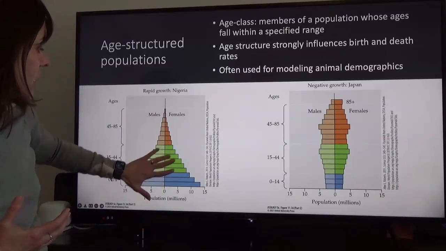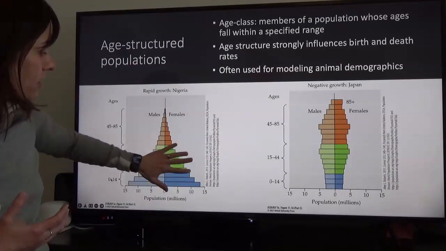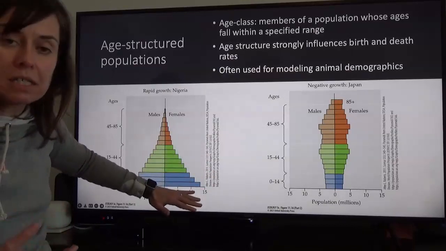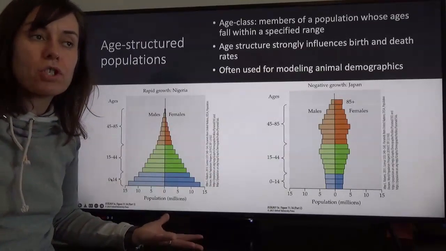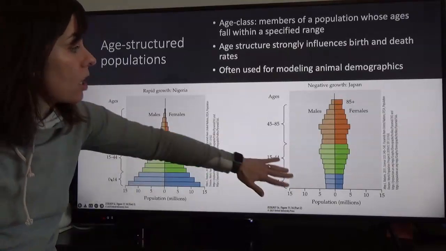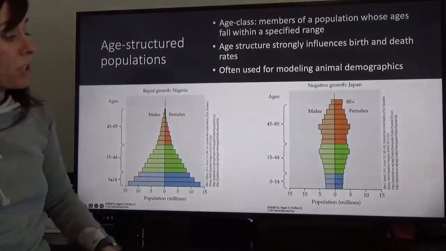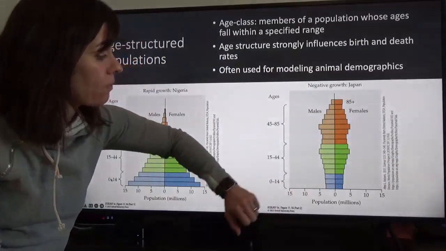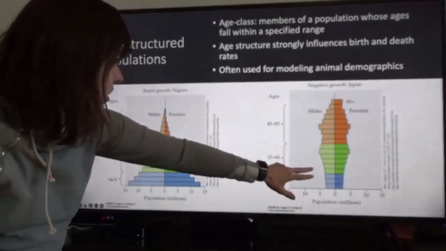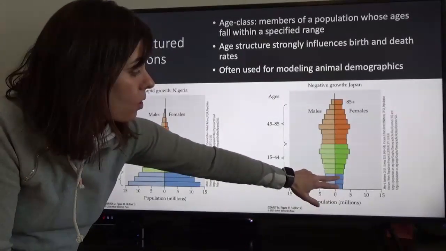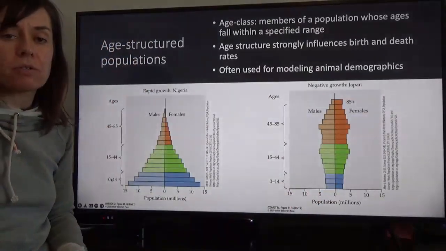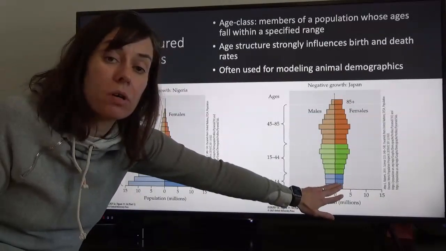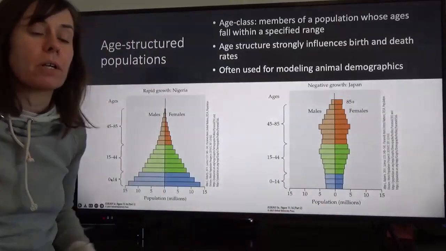So you can imagine here where we have a much larger reproductive age class, that you'll have a much higher proportion of births, and this is reflected in the larger proportion of the population being juvenile. In contrast, in the Japanese population, because we have a fairly small proportion of the population in the reproductive ages, we have fewer juveniles entering the population, and that will only become exacerbated as this very small cohort of juveniles moves into the reproductive category.